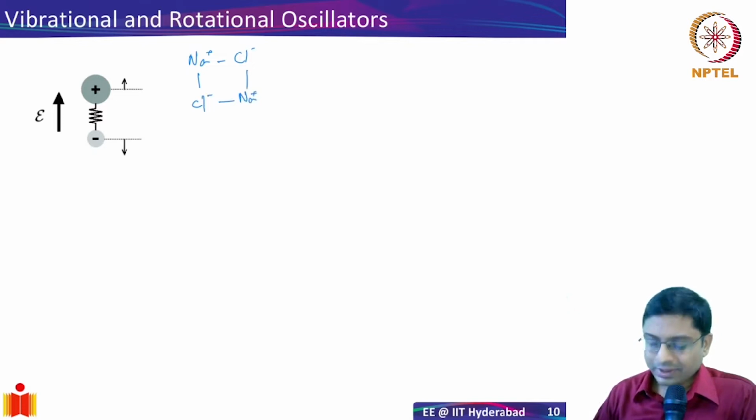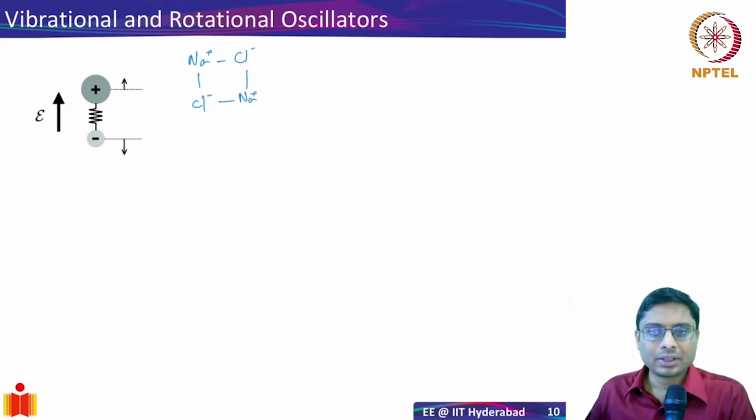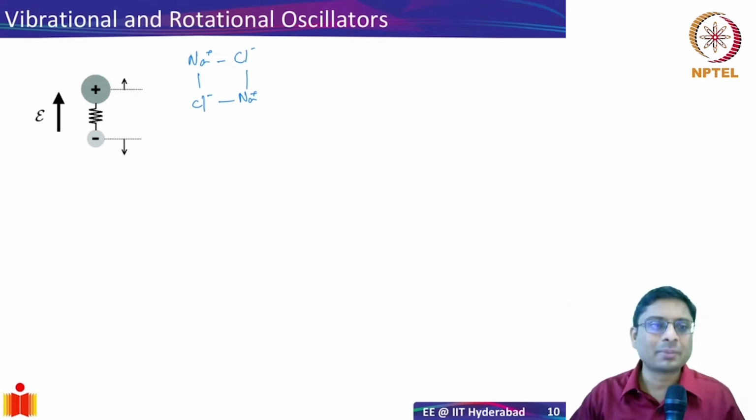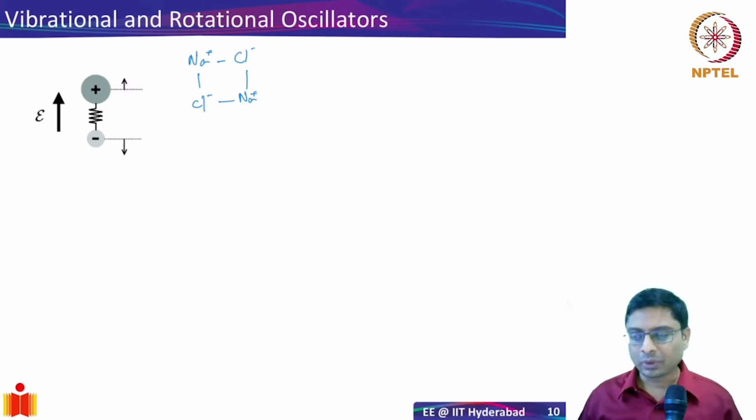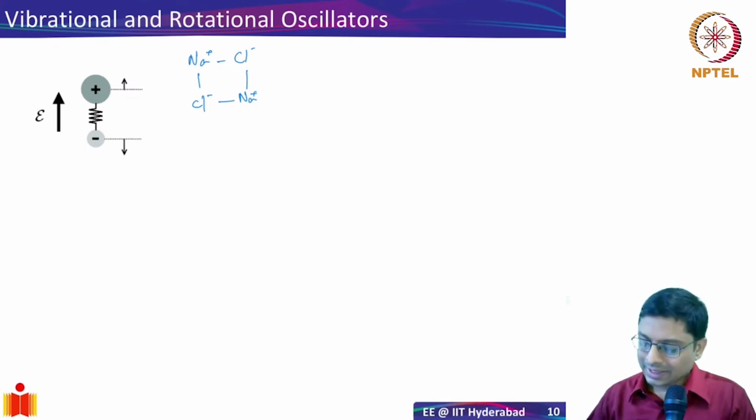When I have such a system, these sodium and chlorine atoms are not fixed. They're going to vibrate. The bonds essentially stretch and compress, out of plane, in plane, and so on, and these movements of the bonds, the lattice vibrations, are known as phonons.